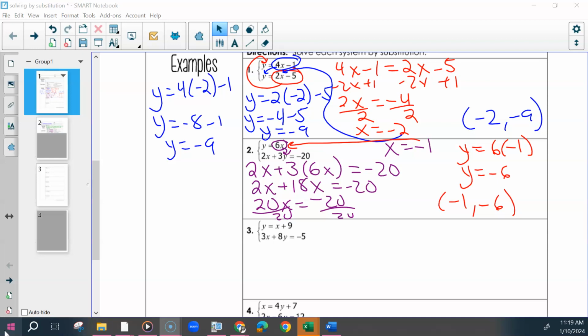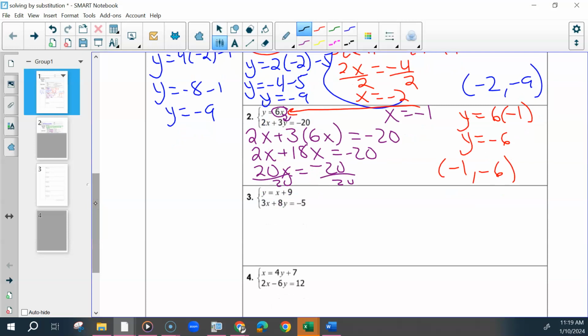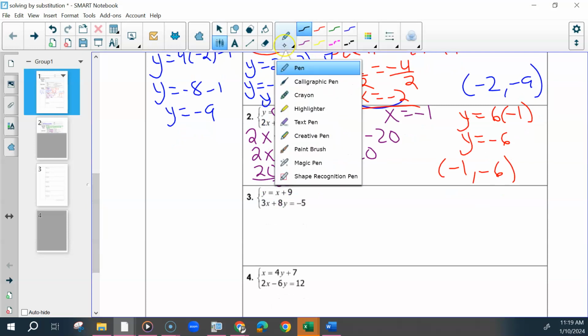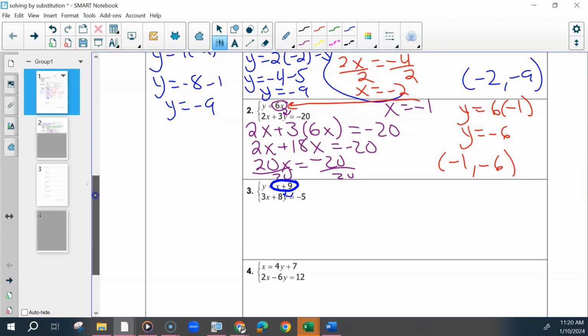Did you have any questions about number 3? It's really much the same. There's just a little bit more to it. So we already have the equation that's solved for y. We're going to take that expression and put it into y of the other equation.